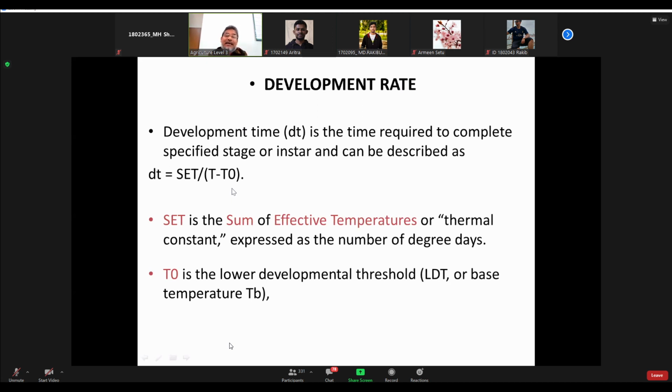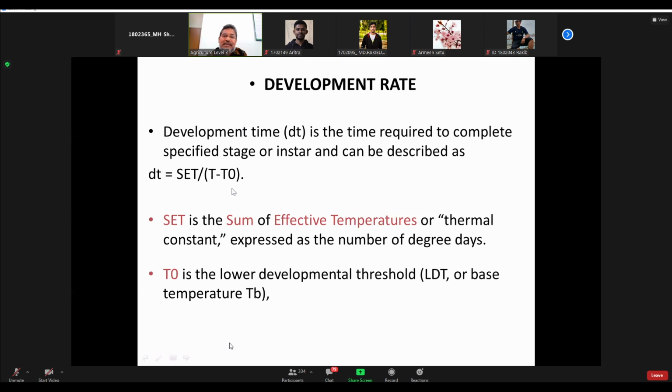SET is fixed for a particular species. SET, for example, is a 360-degree days SET for an insect. 360-degree days.